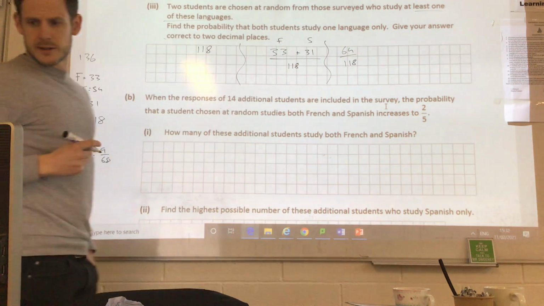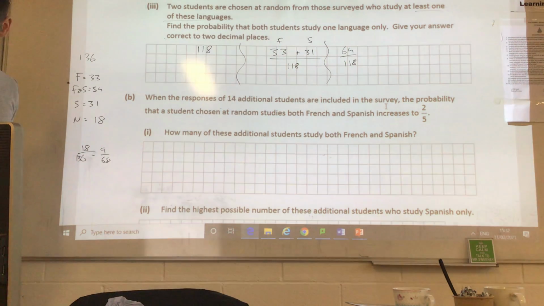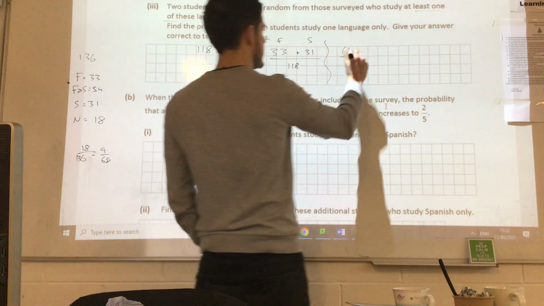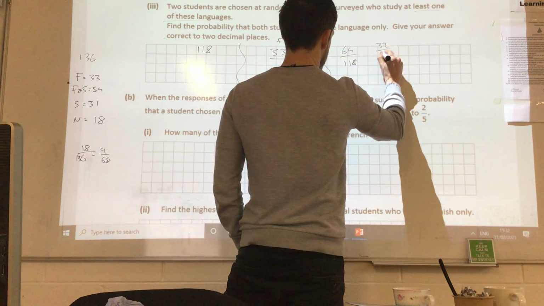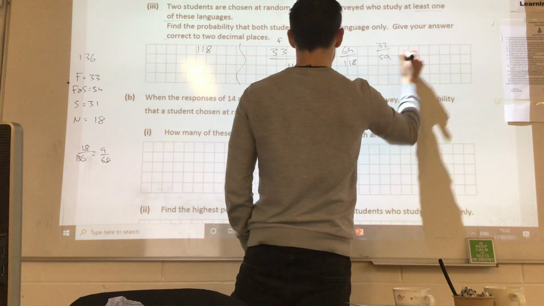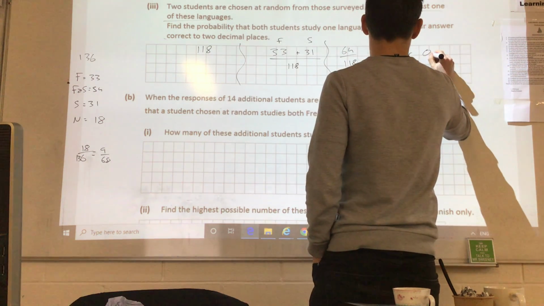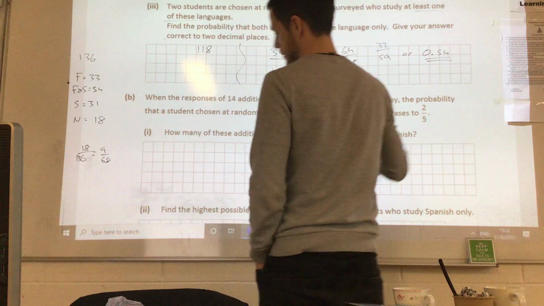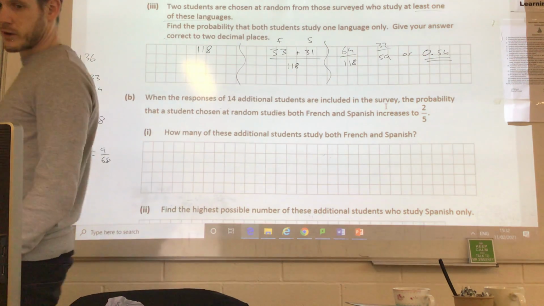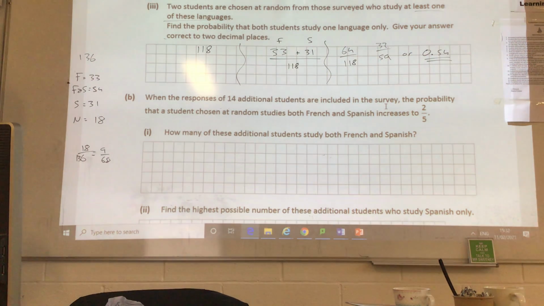We can probably simplify that down to 32 over 59. As a decimal, that's 0.54. Okay, so 0.54 is the probability that a student studies one language only.